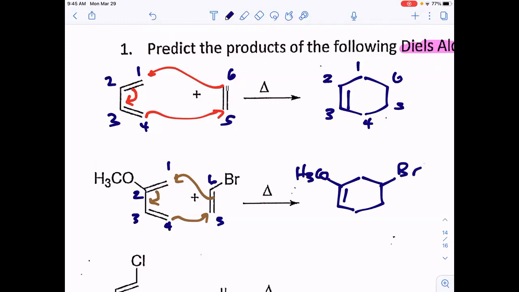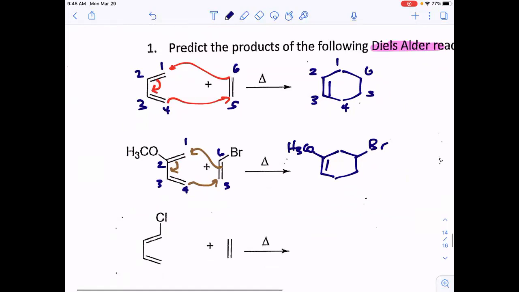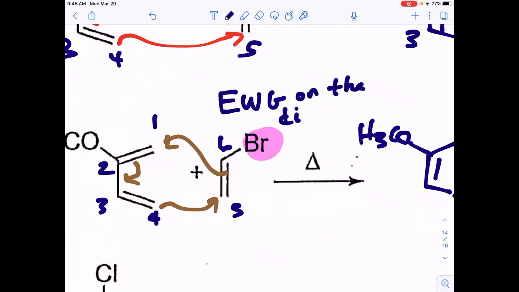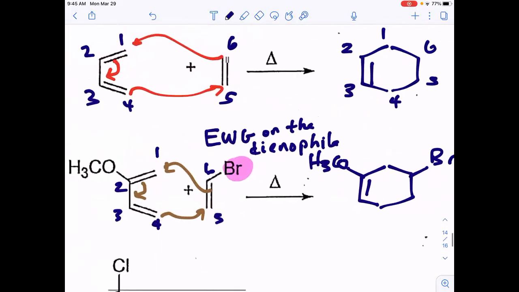All right, for this particular problem, we can introduce a couple of things. If you add an electron withdrawing group on your dienophile, it actually speeds the reaction up. So that increases the rate.